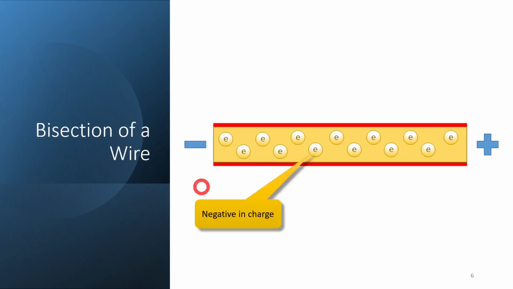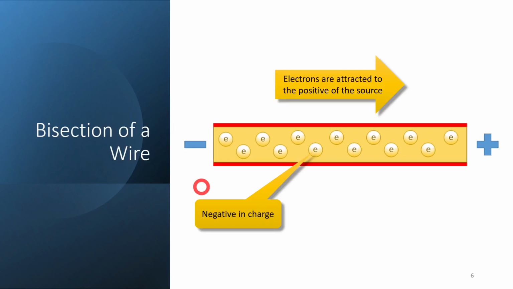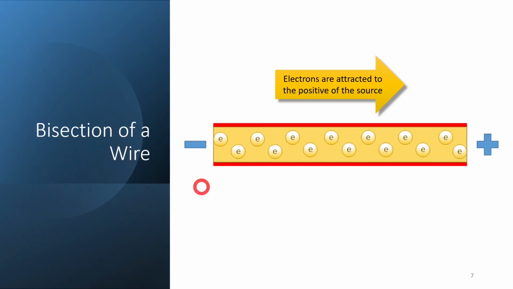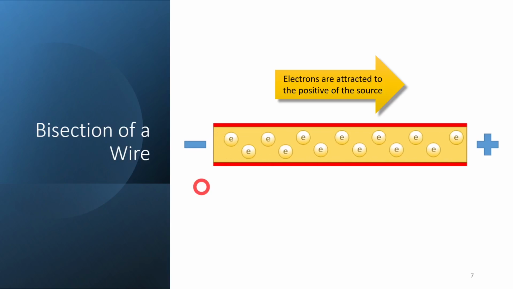We know that our electrons are negative in charge, and because we know that opposites attract from an earlier lesson, our negative electrons are going to be attracted towards the positive side of our source. So these electrons in a completed circuit are going to be moving within the wire, from the negative side of the source to the positive side of the source.